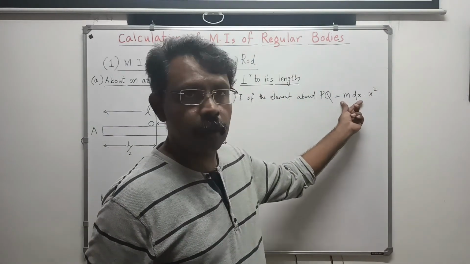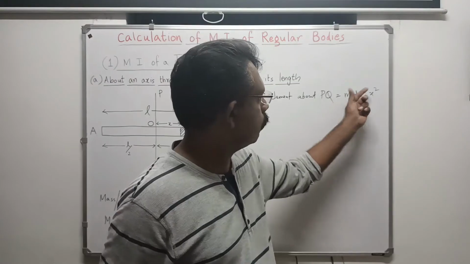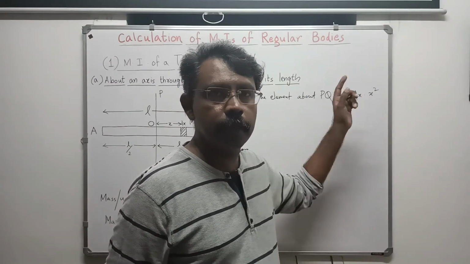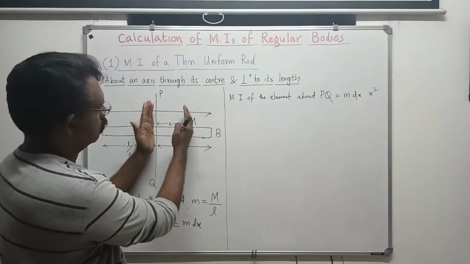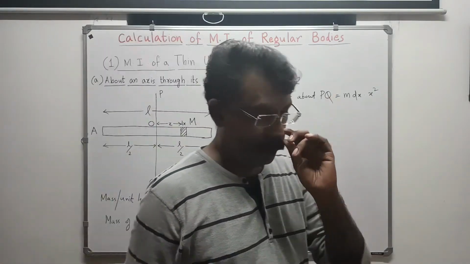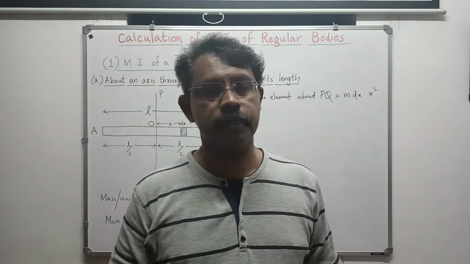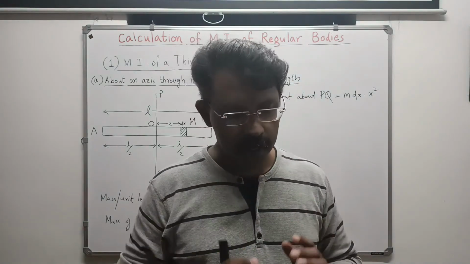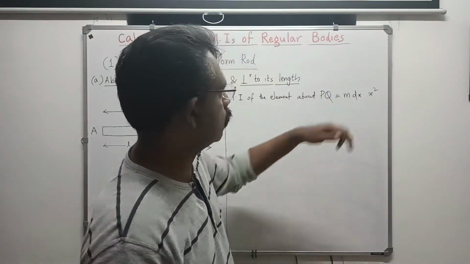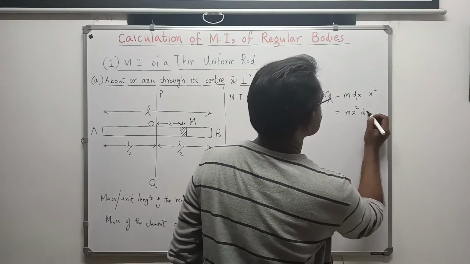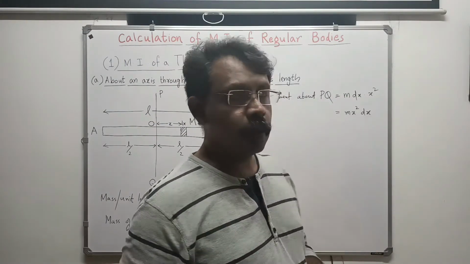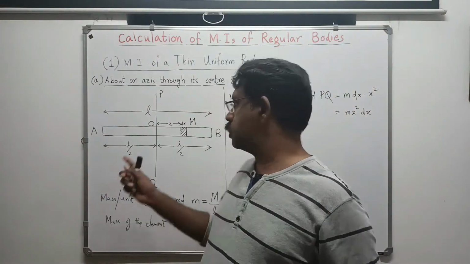Because the mass of the element is (m/L) dx multiplied by the square of the distance between the element and the axis, that is x. So now we have got the moment of inertia of the element about the axis PQ. This can be written as (m/L) x squared dx.